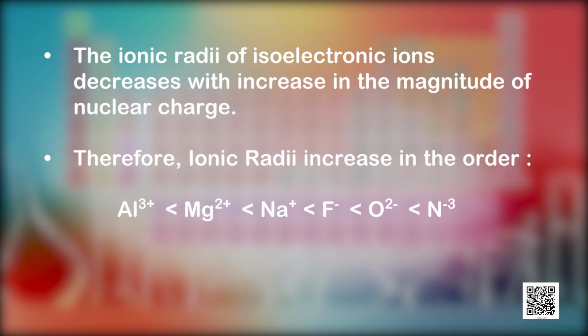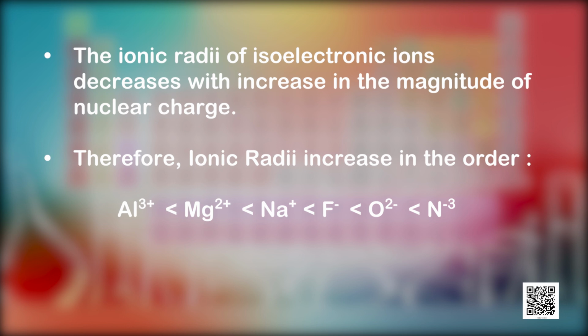Do you think that isoelectronic species have the same size as well? The answer is no. In the series of isoelectronic species, as the nuclear charge increases, the force of attraction by the nucleus on the electrons also increases. As a result, the size of the ion decreases. The cation with the greater positive charge will have a smaller radius because of the greater attraction of the electrons to the nucleus.